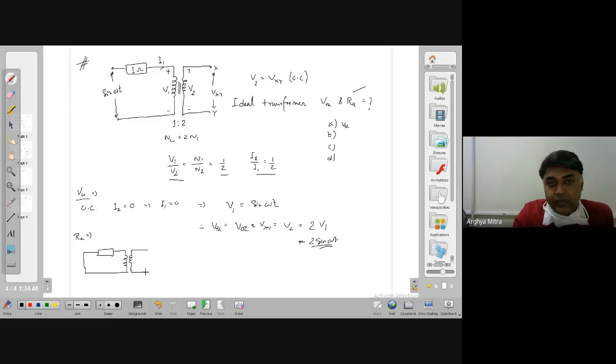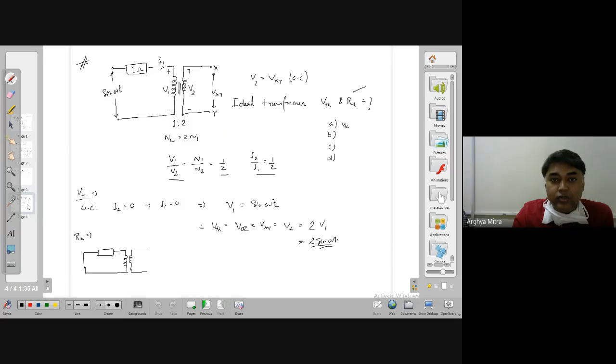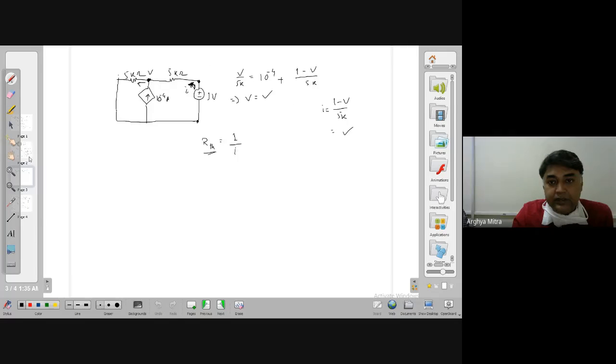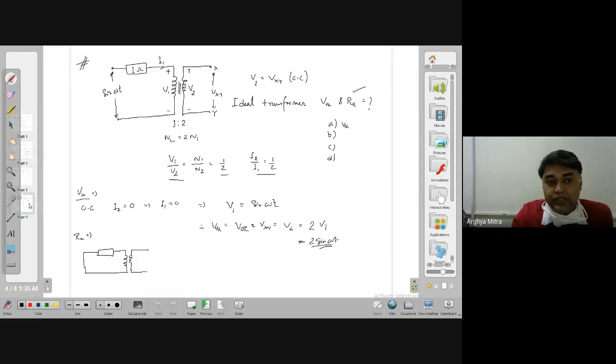Can I simply find RTH as a series parallel combination of something like this? It's not possible, because this V1 and V2, the voltage across the primary winding and the voltage across the secondary winding, are dependent. This dependent voltage source forces you to apply method 1, method 2 or method 3 for finding out your RTH or ZTH.